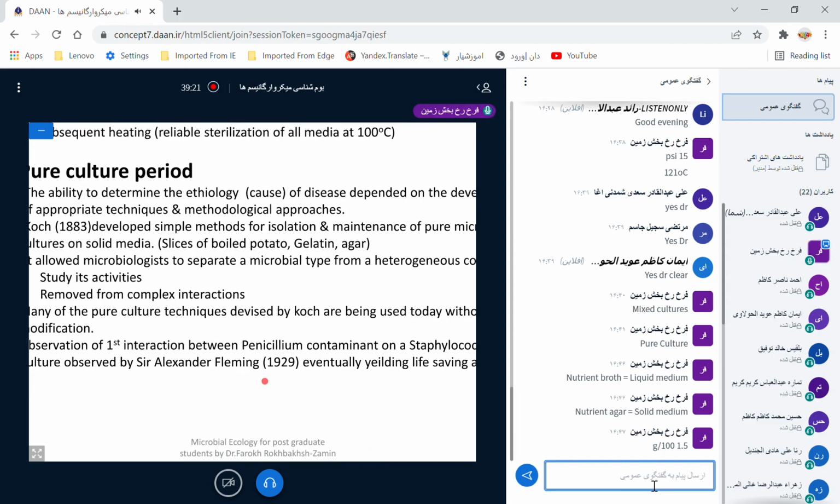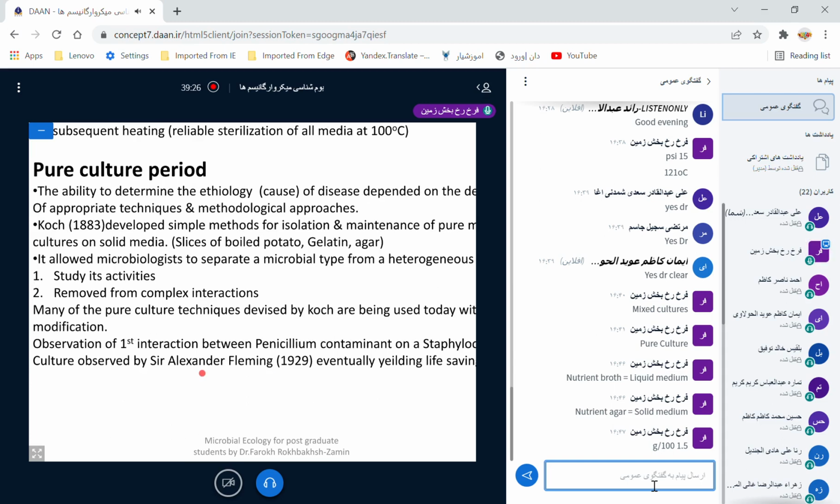He was working on Staphylococcus aureus.